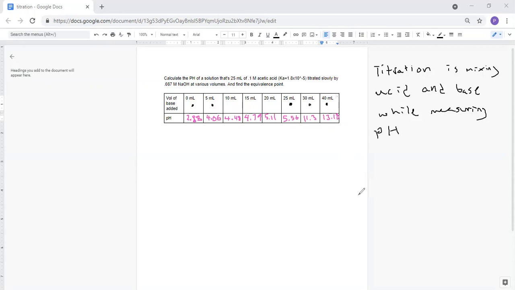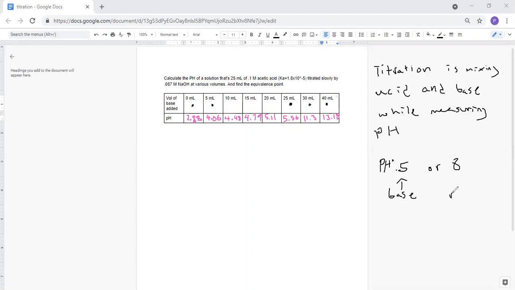And basically the benefit of this is that we can add base to an acid, for example, and observe the pH go up. And if we want a pH at a certain point, like let's say maybe we want it at 5 or 8, we can just keep adding base until we get to a pH of 5.